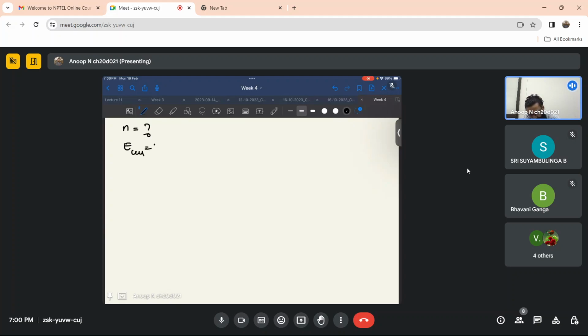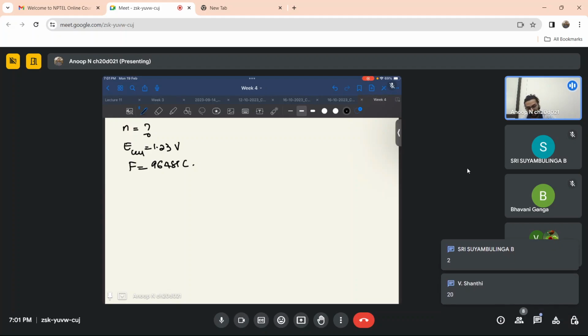E cell is given 1.23 volt. F is equal to 96485 coulomb. So what is the value of N? Yeah, N is 2. How?